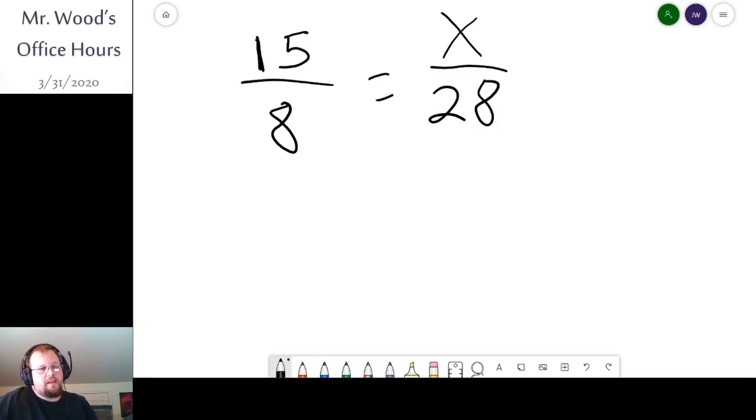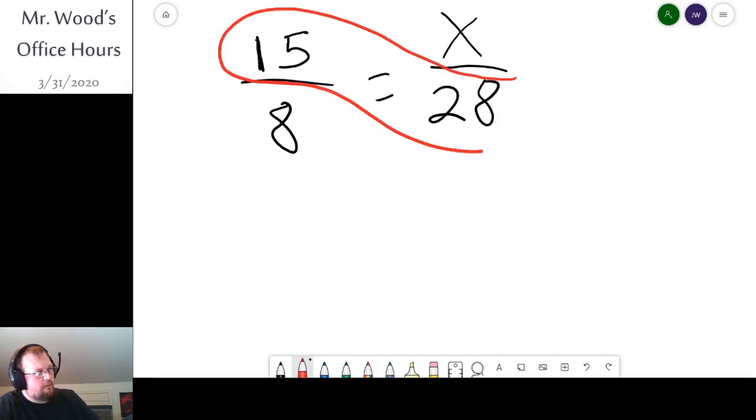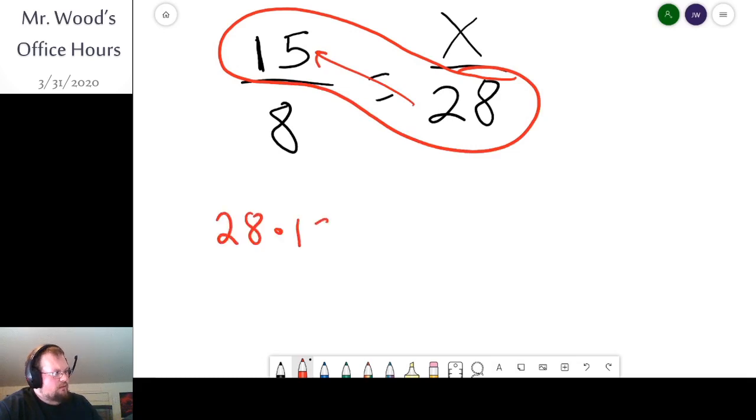If you are solving these, there's a method called cross multiplication. And to do that, you multiply these two numbers together, where you multiply across. So you do 28 times 15 for the left side.